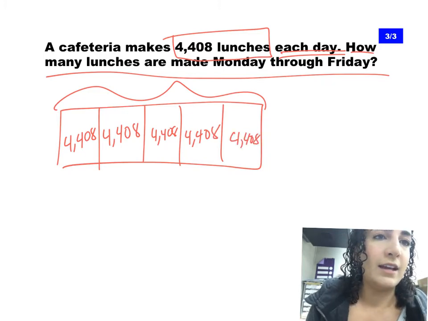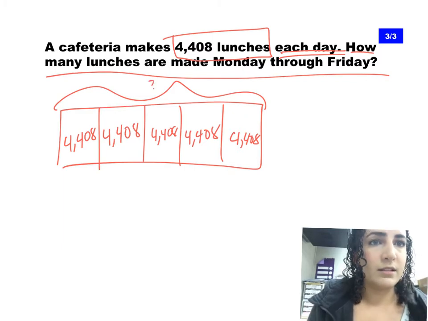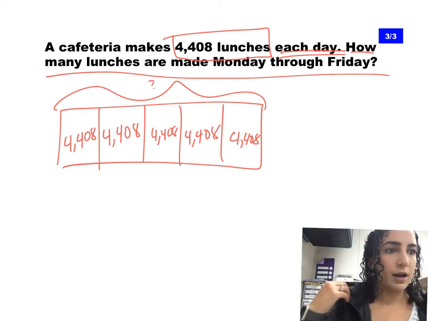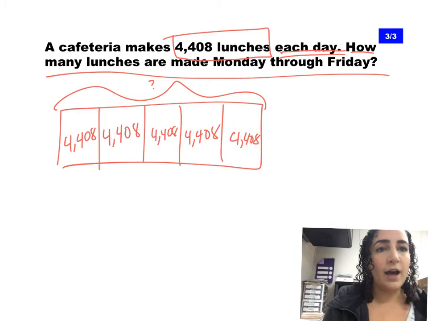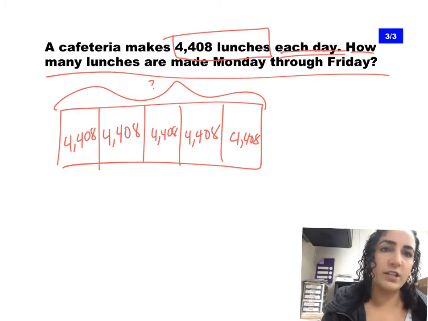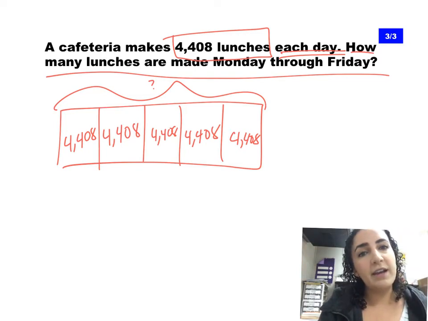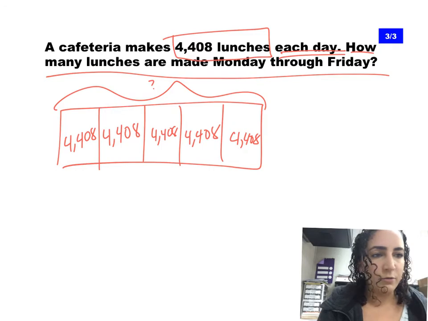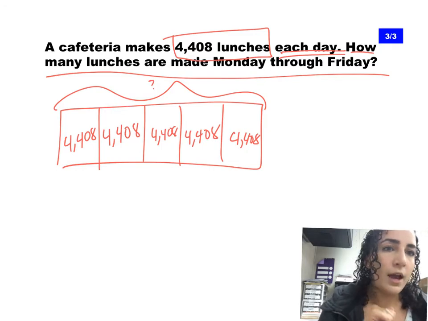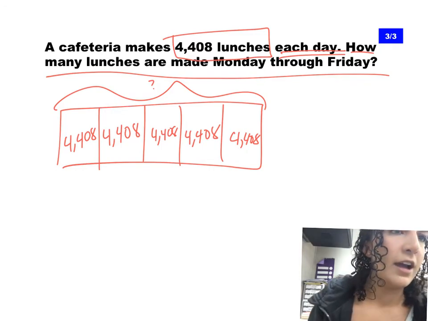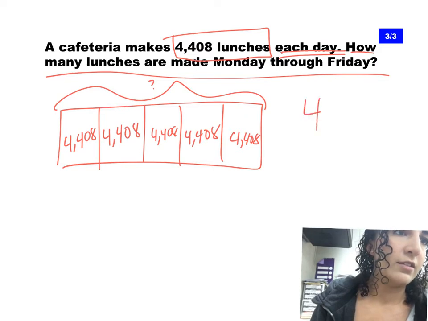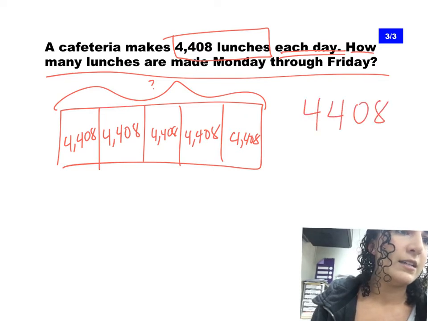Okay, and then I don't know what that is, so I'll put my little question mark on top. So, I suppose I could spend my time doing 4,408 plus 4,408 plus 4,408 plus 4,408 plus 4,408, but ain't nobody got time for that. I'm in 4th grade. I'm here to be efficient. So, I'm going to multiply these together. I have 5 copies of 4,408.